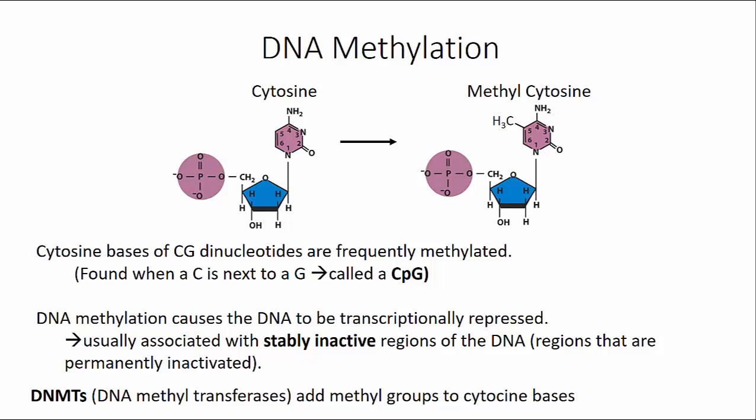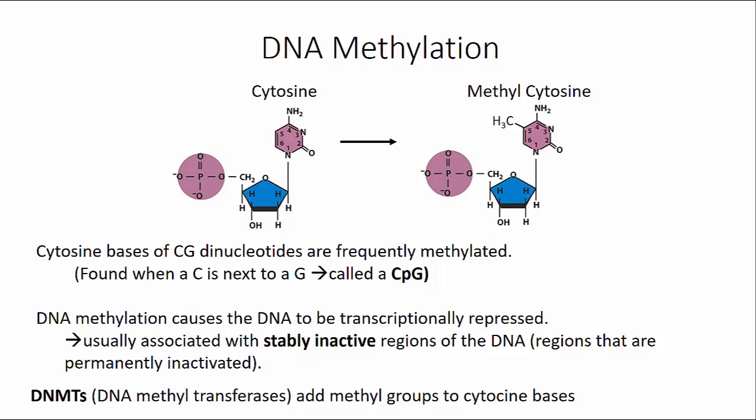An example of how this might be used is during development, as certain cells start to differentiate into different types of cells. One group of cells may become, for example, a muscle cell, and another group of cells may become a neuron. And that muscle cell is going to permanently inactivate the regions of its genome that have to do with making a neuron, because it plans to never do that again.